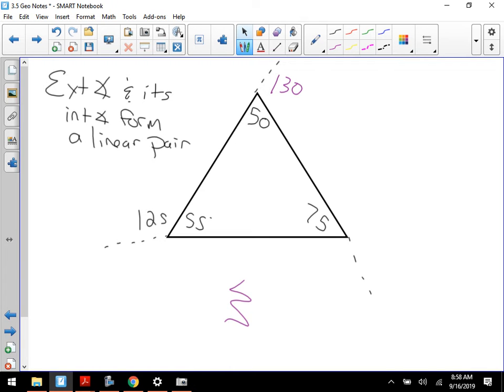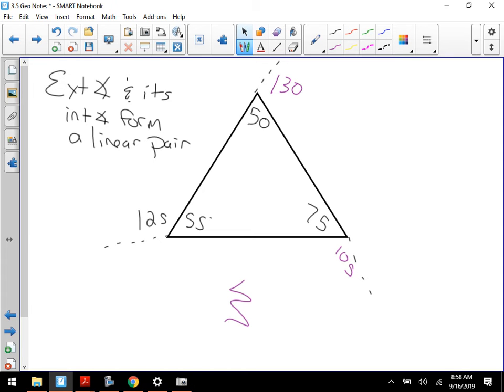It has to be 130 because the two angles create a line. So if this is going to be 180 degrees total there, if this is 50, how much is left for the outside? Same idea here. Since the inside part is 75, the outside part would have to be 105.